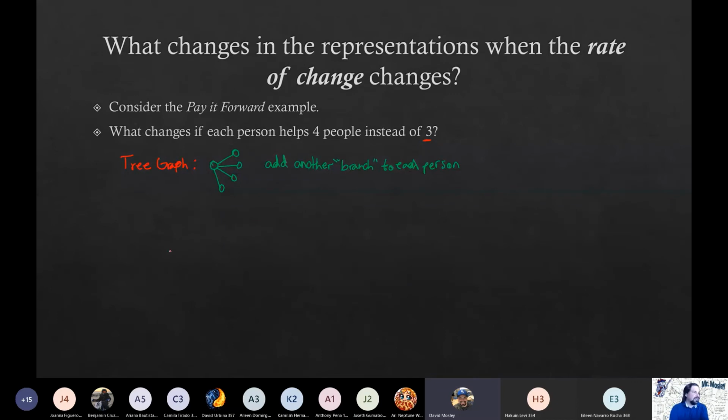Then in the rule, right, in the symbolic rule, what changes?